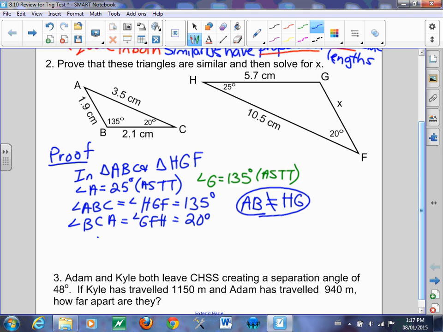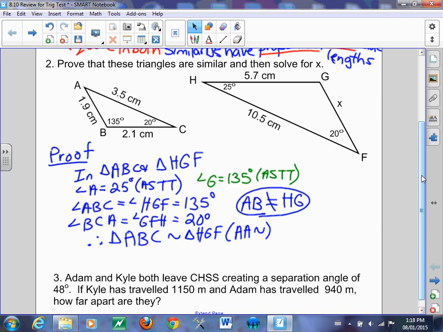So we'll say therefore triangle ABC is similar, remember that's the tilde, to triangle HGF, what we wrote in the intro, and our authority or our property is angle similarity. So you need that for your full communication.